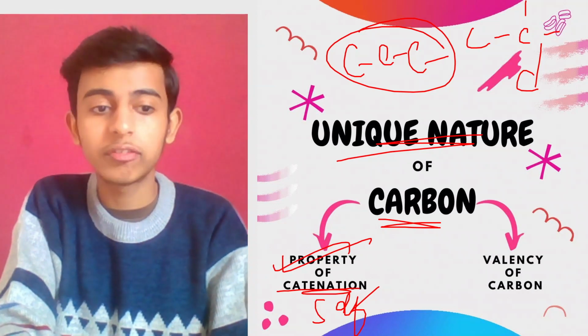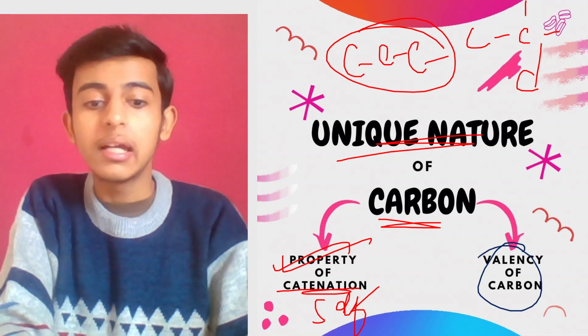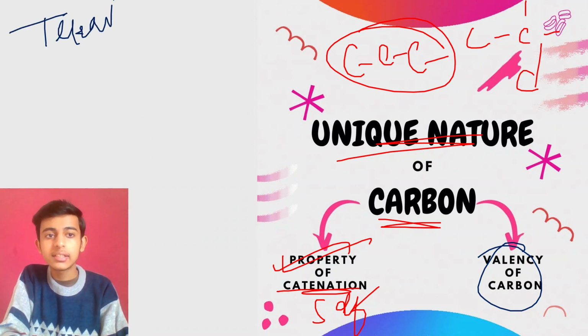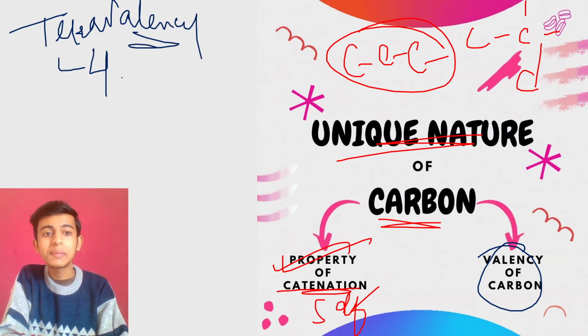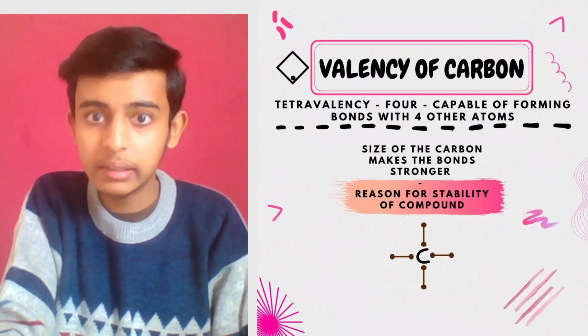And the valency of carbon. What is the second important property? That is the valency, basically we call it tetravalency. What is tetra? Tetra is 4. It means its valency is 4. That is very unique. Clear?